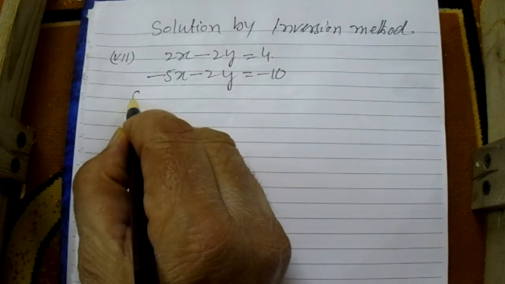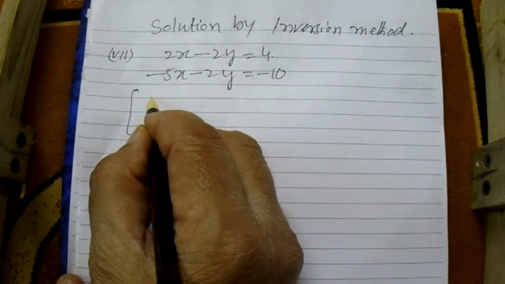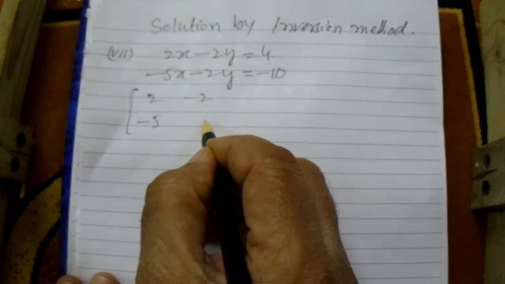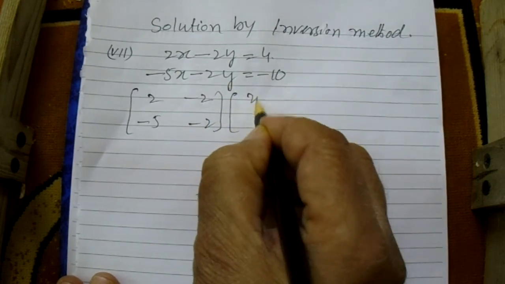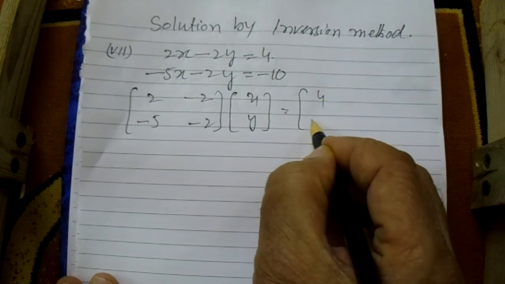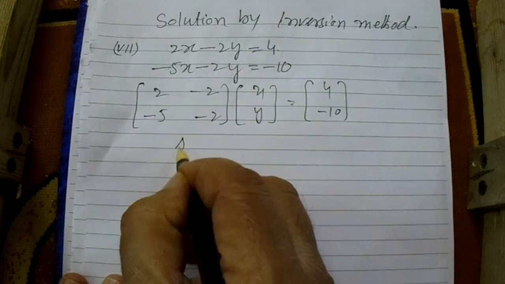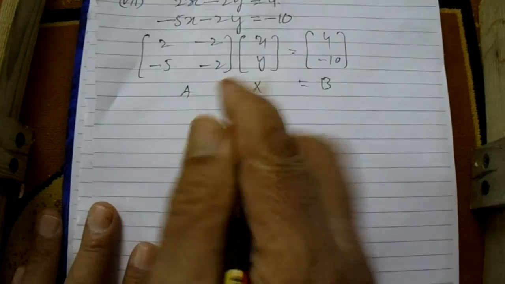We write the same step: first we write the equations in matrix form, [2, -2; -5, -2] times [x; y] is equal to [4; -10]. Now this is our A, this is our x, this is our B. Now we write separately.